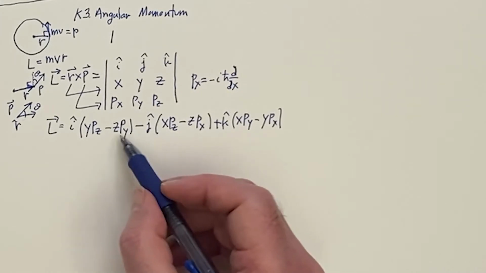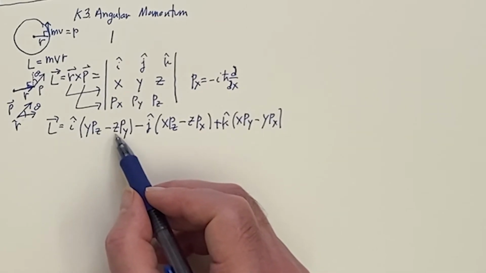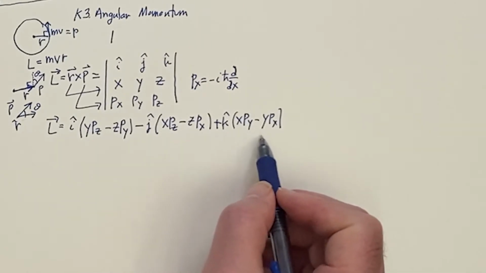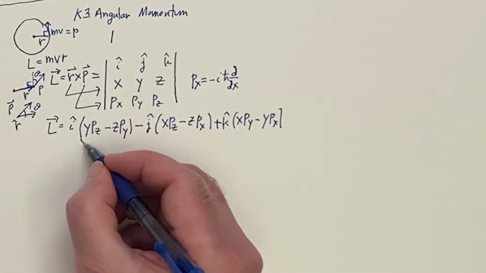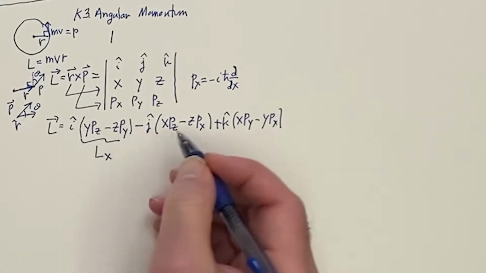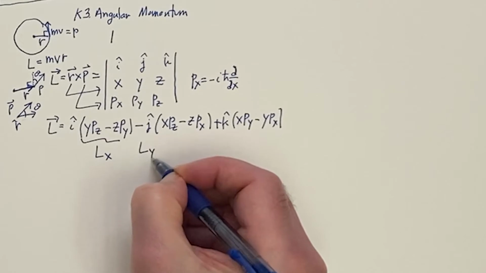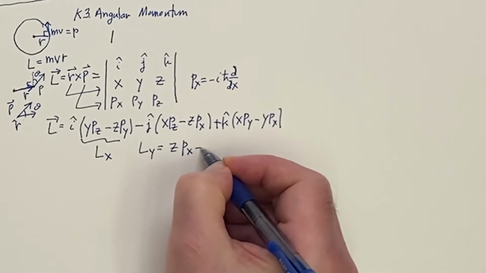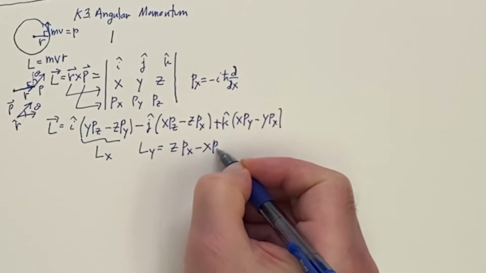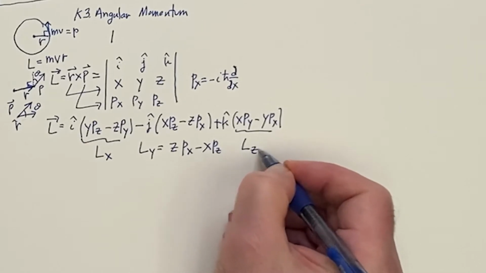And then you have the coordinates, these are never the same, see y and z, z and y, x and pz, so it really doesn't matter because these are independent variables. So this would be L, the x component, and the y component would be, put the minus sign in, z px minus x pz, and this would be the z component.